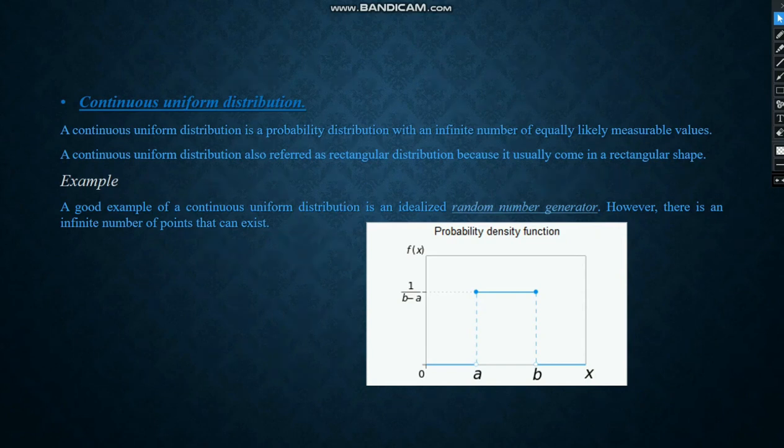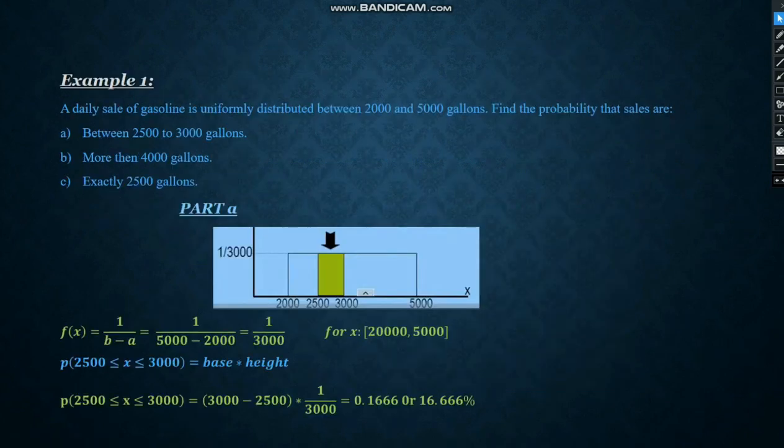A good example is an idealized random number generator. There is an infinite, uncountable number of points that can exist between the point A and the point B.